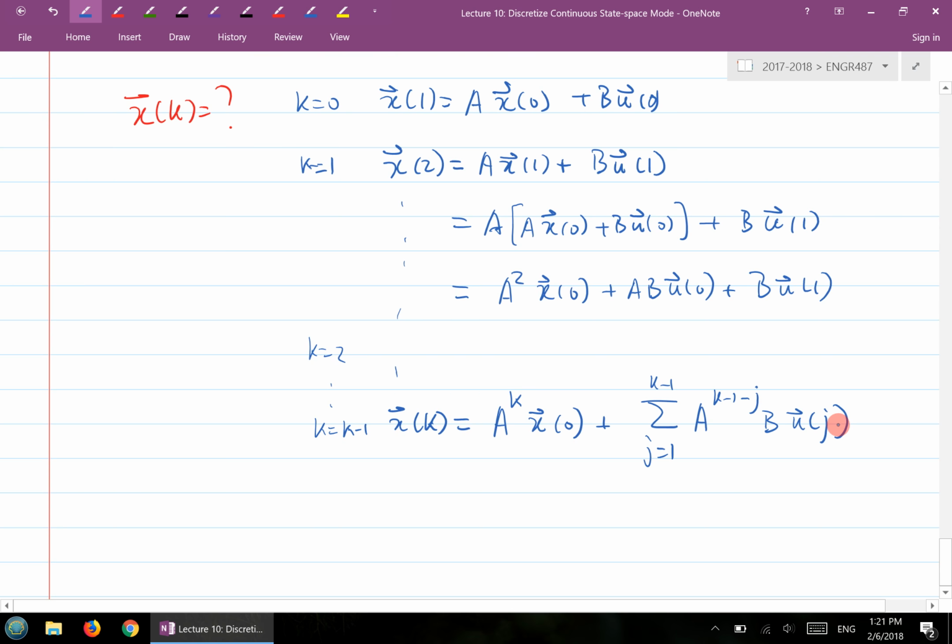Okay. If you want to try, let's say you let k equal to 2. If you let k equal to 2 here, this will become 2 minus 1, which is 1.